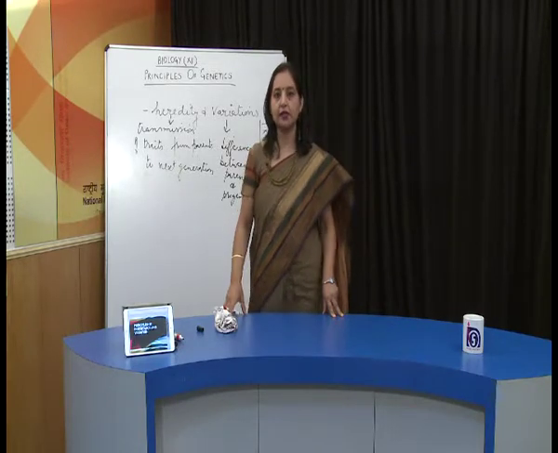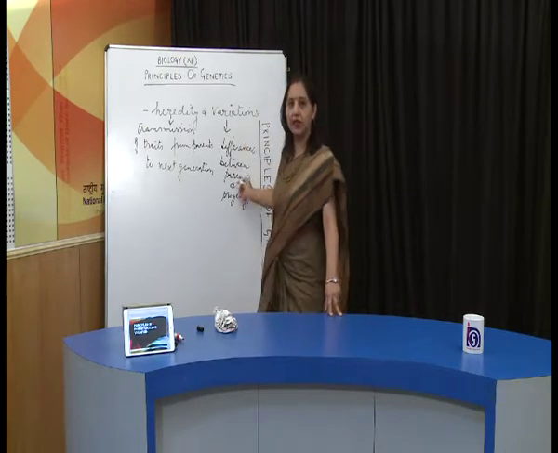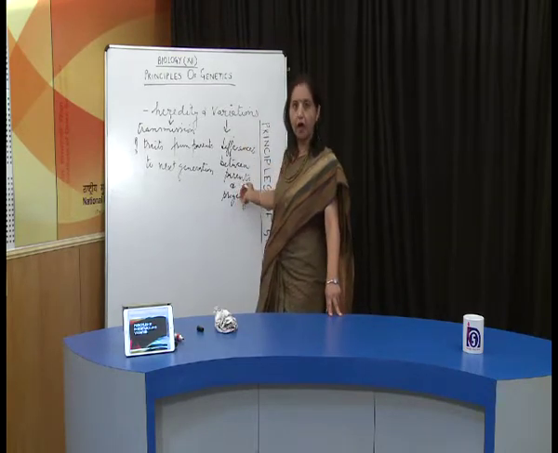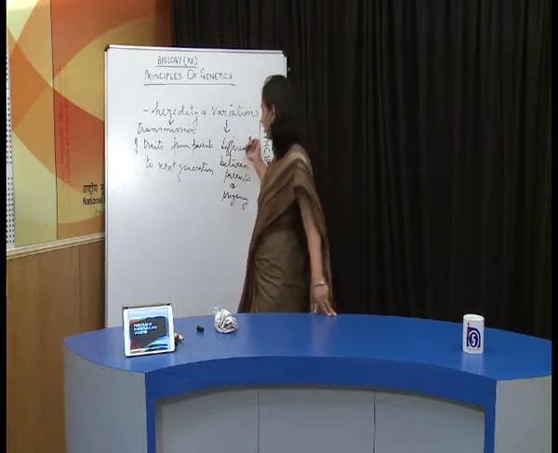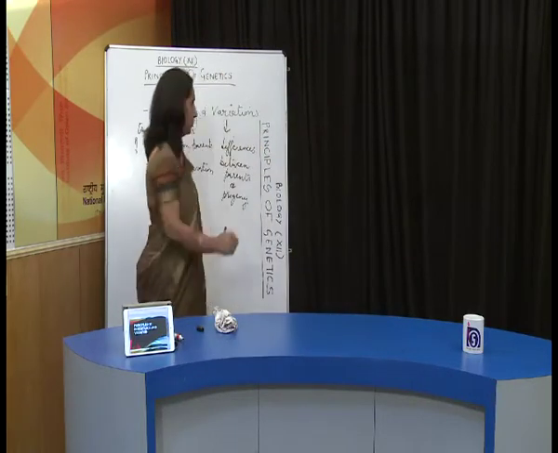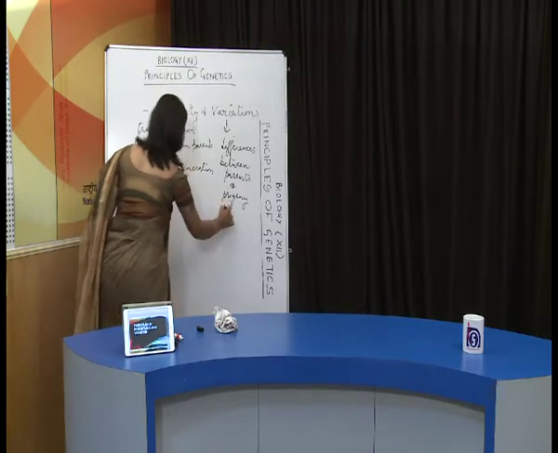Now, what is the reason for the development of these variations or differences? How do they arise? What is the factor which controls it? The variations arise due to two reasons.